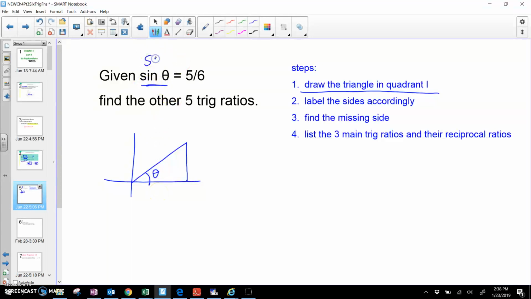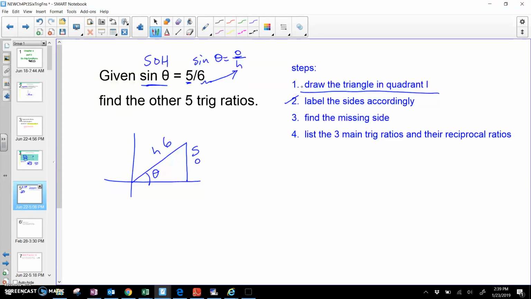Remember, sine is the SO part, which means that the sine of theta equals the opposite over hypotenuse. Well, this side is the opposite, this side is the hypotenuse. So since the 5 is on top, that is the length of the opposite side. 6 is on bottom, so that is the length of the hypotenuse. So given the trig function, we should be able to label 2 sides of the triangle. That's what I've done in step 2 here.